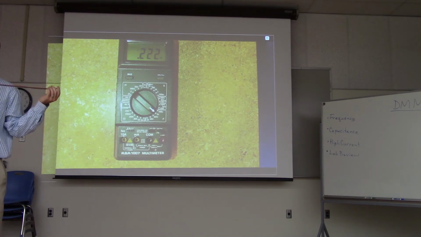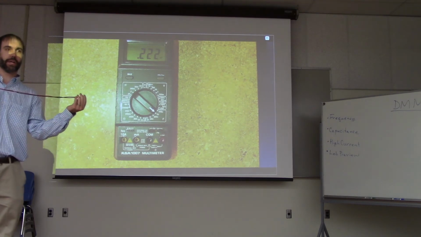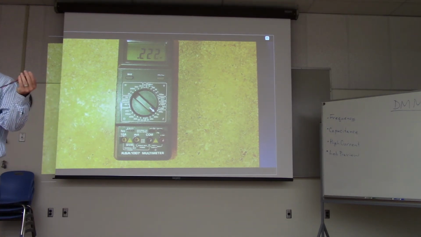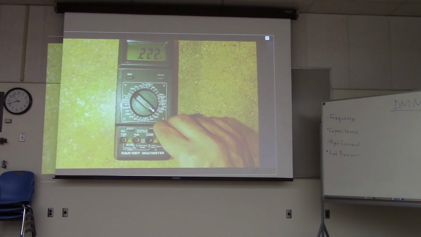So these leads act like capacitors by themselves. So if you have the leads and then you have a capacitor on the end, you don't know whether you're measuring the value of the capacitor or the value of the leads themselves. So to avoid that, we remove the leads from the equation entirely, and we just use the short legs of the capacitor.